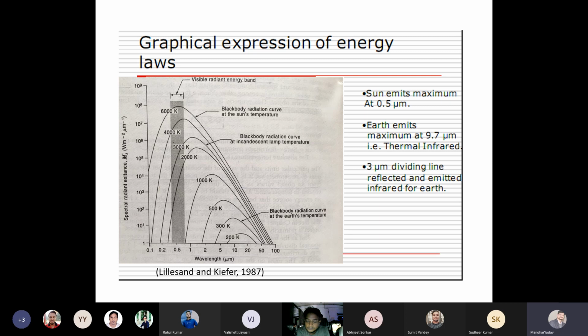Okay. Now this is one of the interpretations out of many. Now the second one: the Earth emits maximum at 9.7 micrometer. That is thermal infrared.